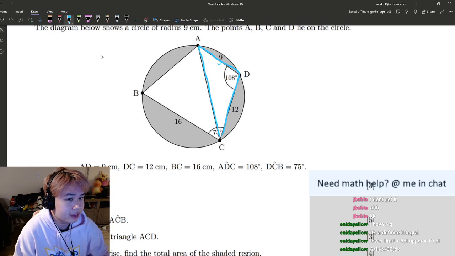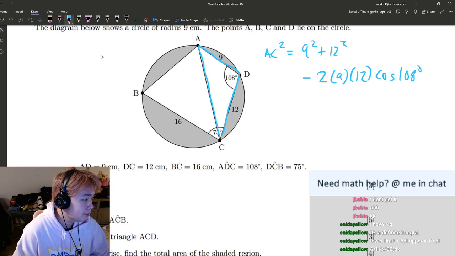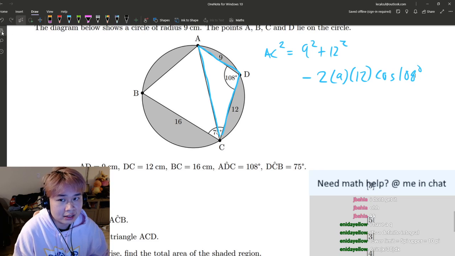And we have 2 sides with an angle in between, so we can use cosine law to figure out what AC is. So this means that AC squared is 9 squared plus 12 squared minus 2 times 9 times 12 times cosine 108 degrees. So I'll calculate that in just a bit.